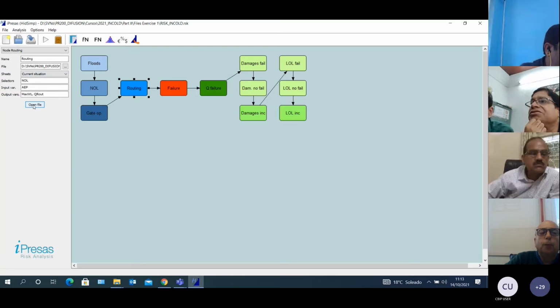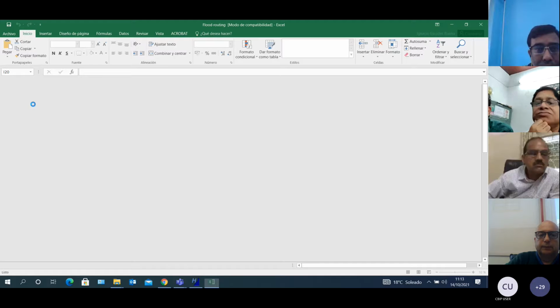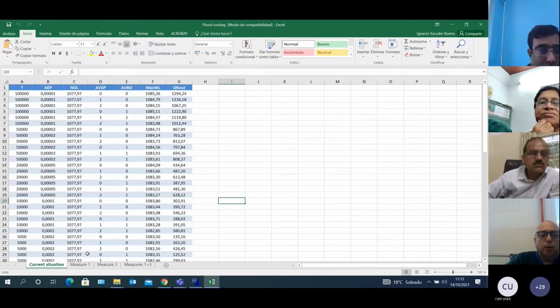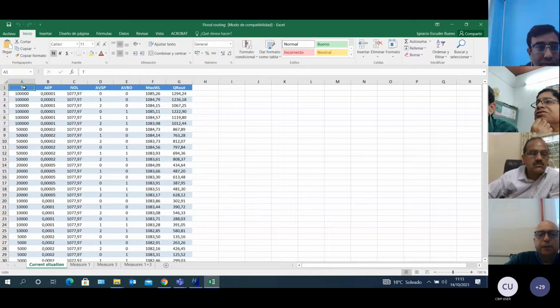And I'm going to open this file from here. Now, very important, also in current situation, you have return period, annual exceedance probability, and you have normal operation level.